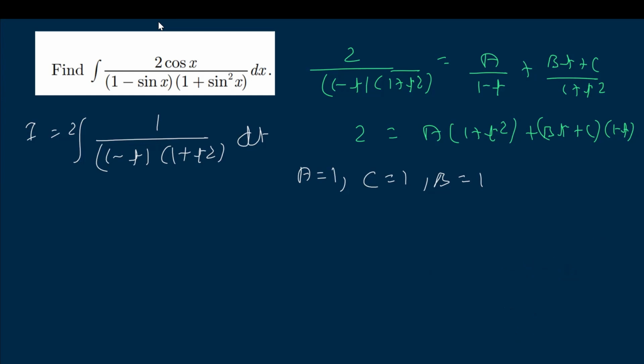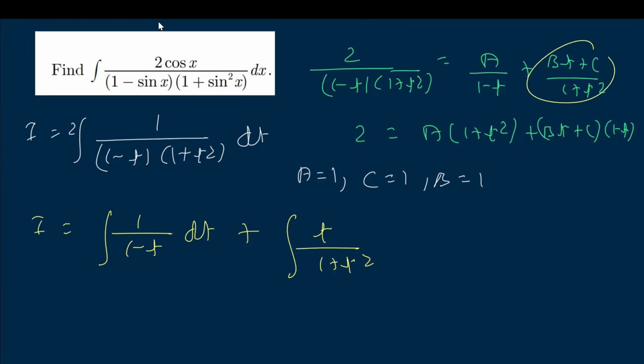So now we are going to substitute this. After substitution, we get I is equal to integration a times 1 over 1 minus t dt, where a is 1, plus integration of bt, so this is t over 1 plus t square dt, plus integration c, which is 1 here, 1 over 1 plus t square dt.